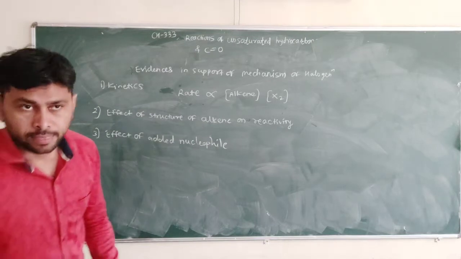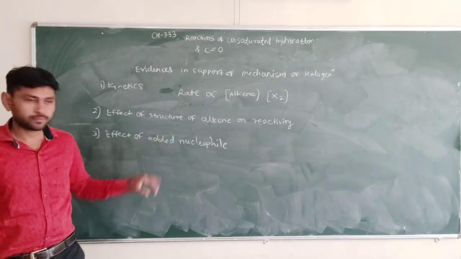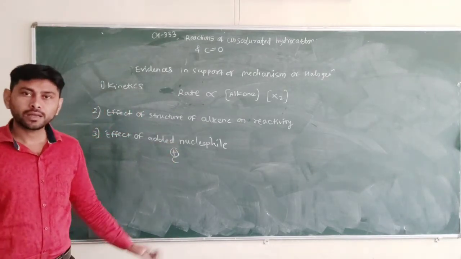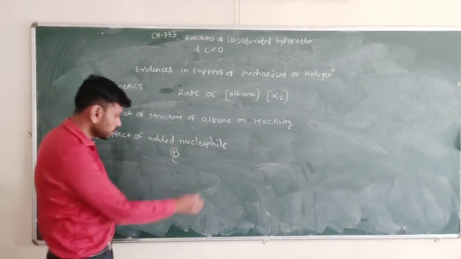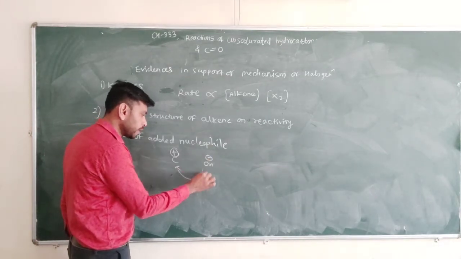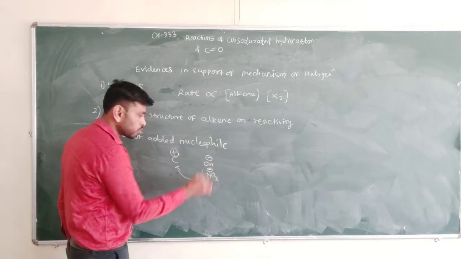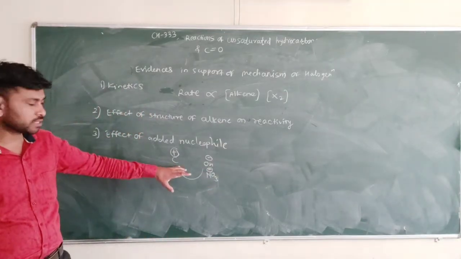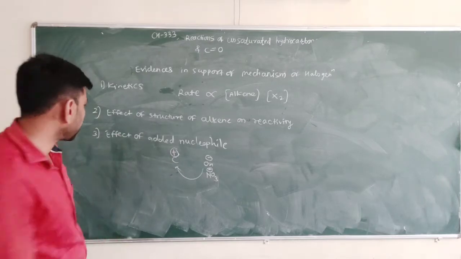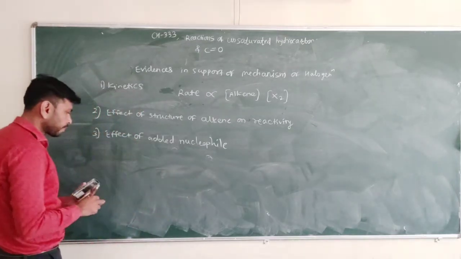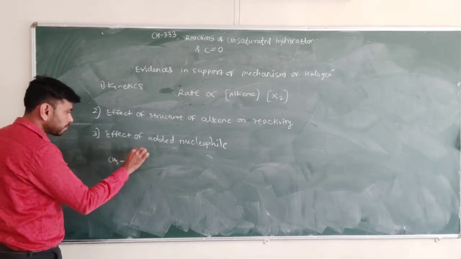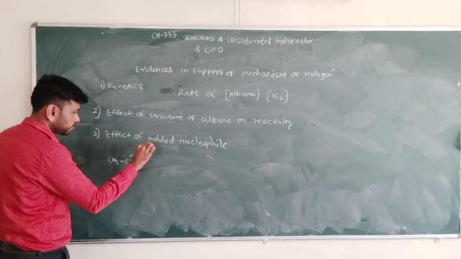We know that a carbocation is an electron deficient species, so this electron deficient species adds any nucleophile, and the reaction occurs. We say addition reaction. Simply in this way, here we obtain halonium ion.